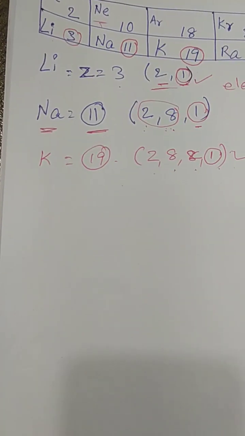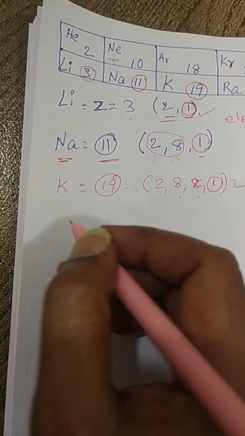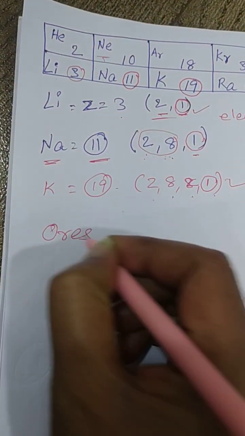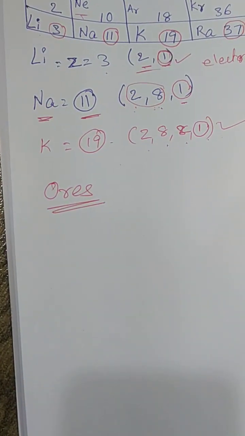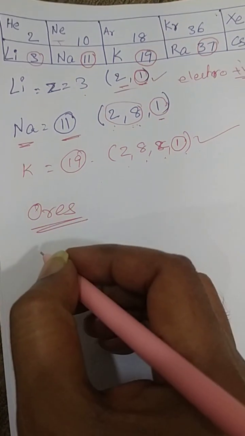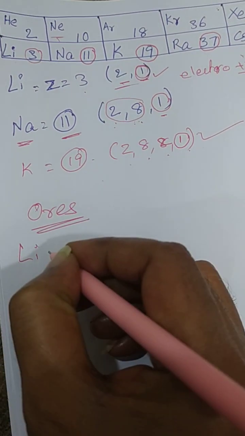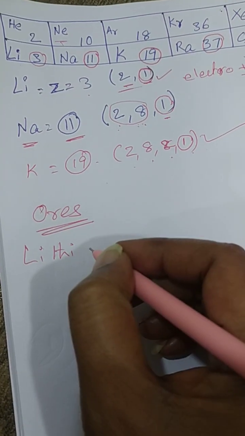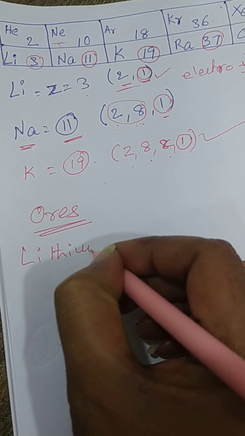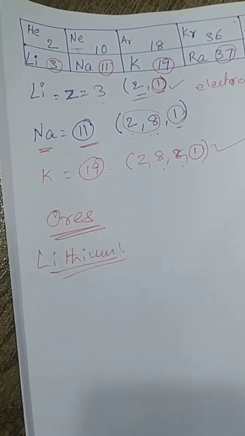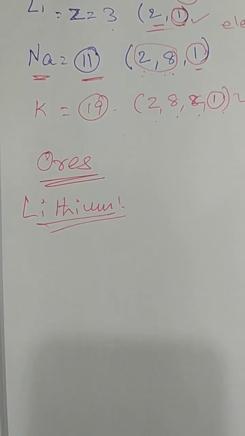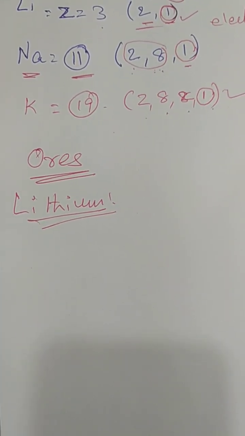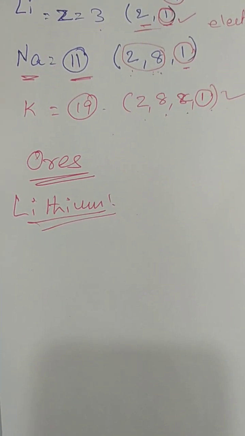Now, what are the good and most available ores of the alkali metals in nature? Basically, for lithium we have spodumene and lepidolite.